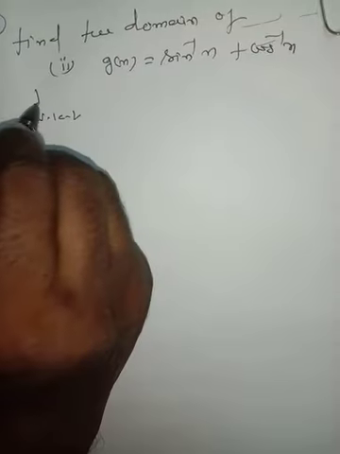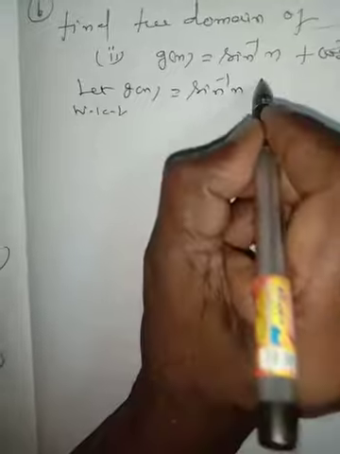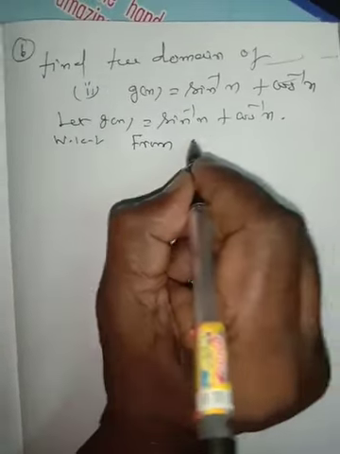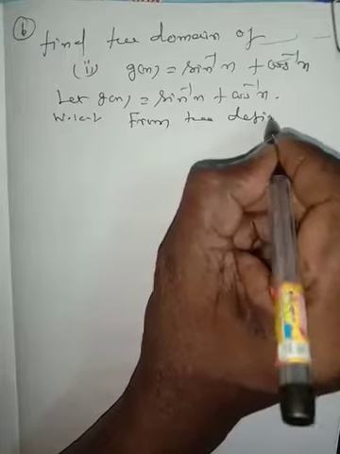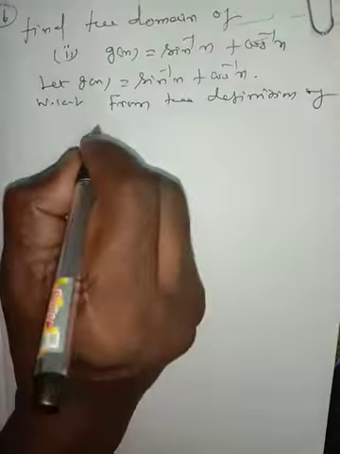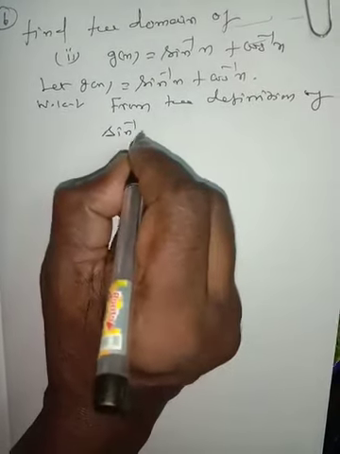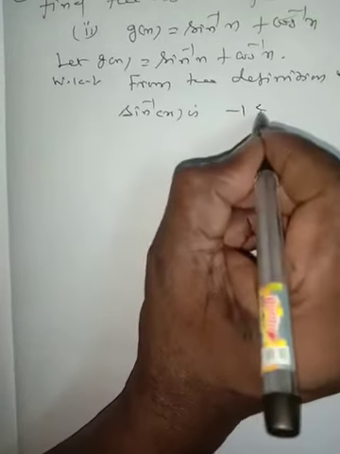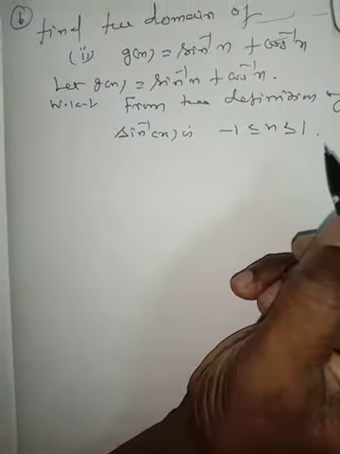We know that, first, let g of x is equal to sin inverse of x plus cos inverse of x. From the definition, the domain of sine inverse of x is the range -1 less than or equal to x less than or equal to positive 1.